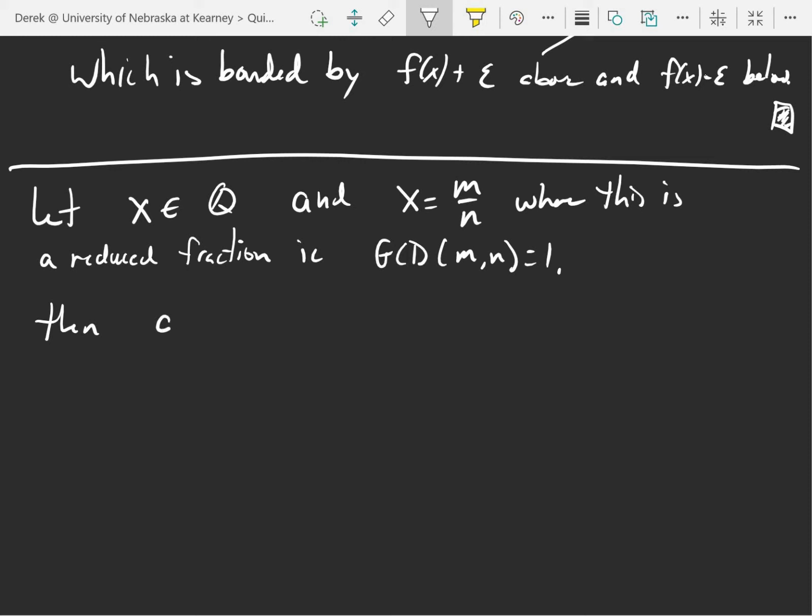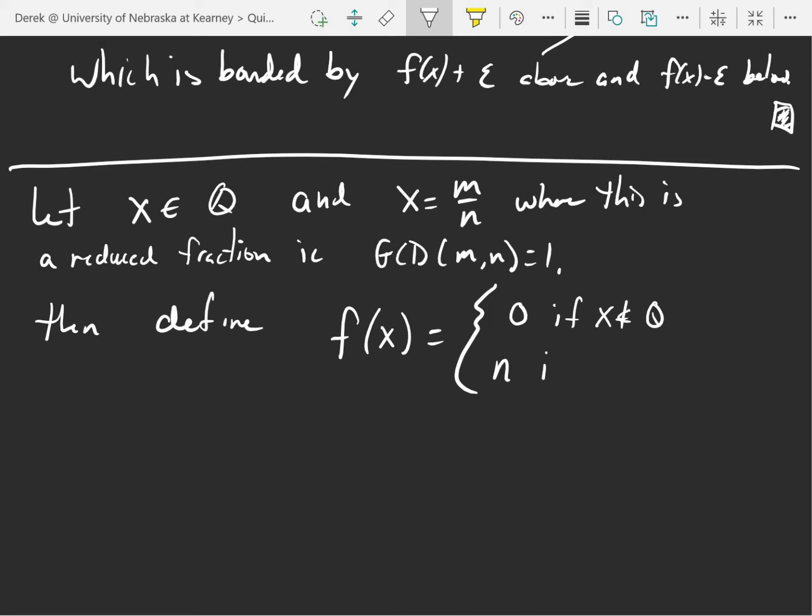Then define f of x to be, well, we're going to do the same thing. We're going to split off the rationals and we're going to split off the irrationals. It's going to be 0 if x is not in Q, and n, how big the denominator is, if x equals m over n in Q in lowest terms.